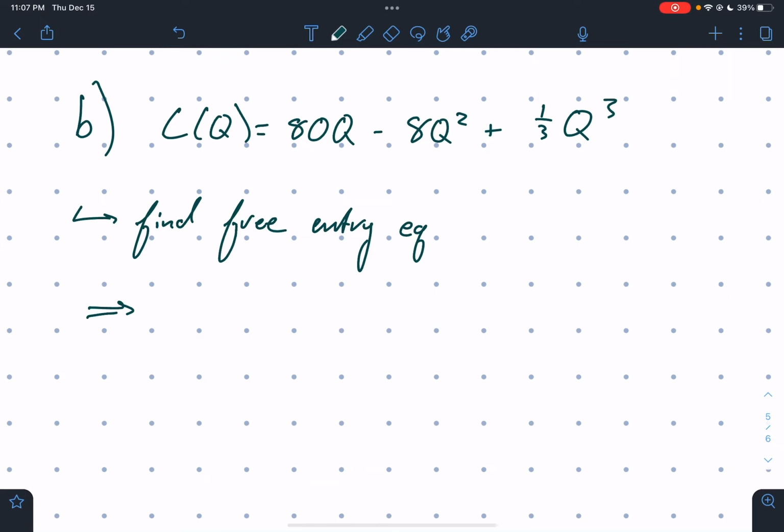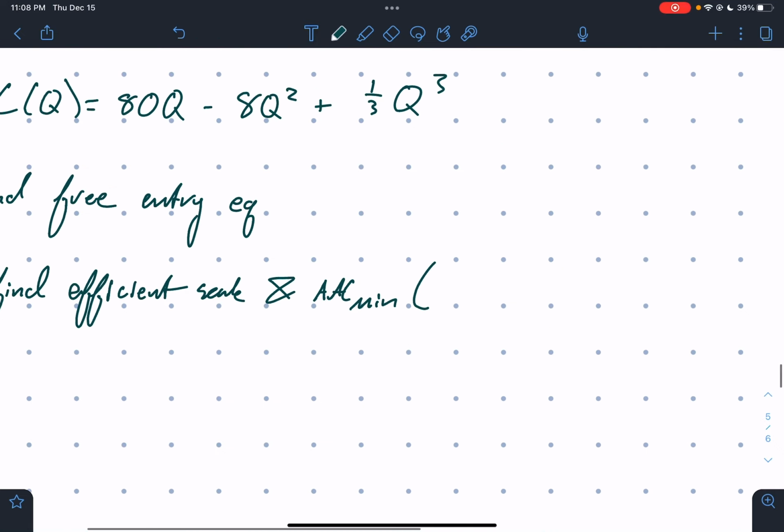So to do this, we need to find the efficient scale and then use that to find the minimum average avoidable cost. Why do I say this? Well, it's because P star, the equilibrium price, will equal the minimum average avoidable cost.